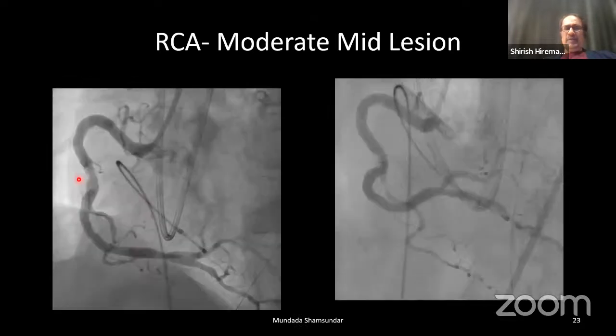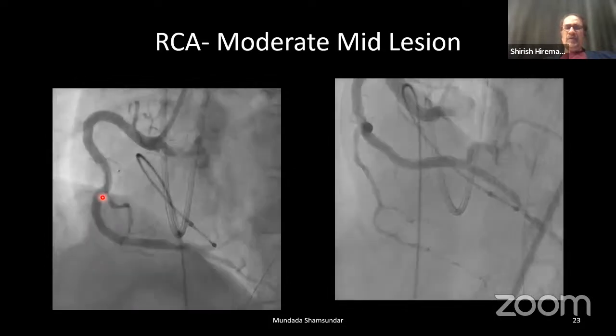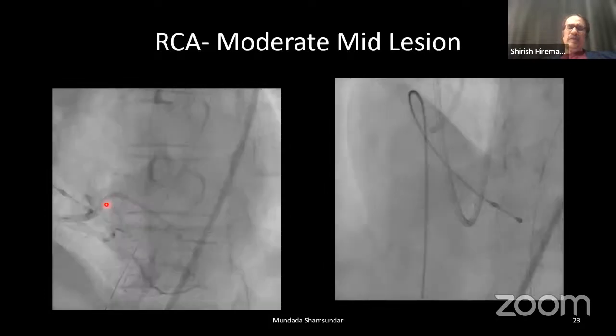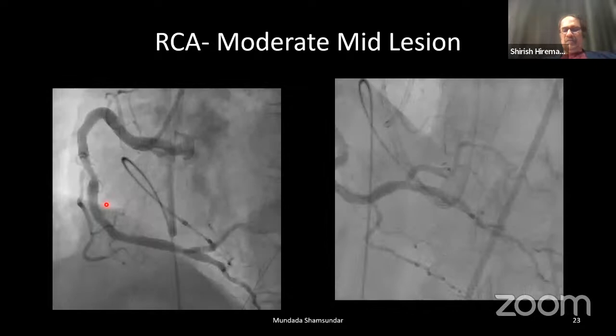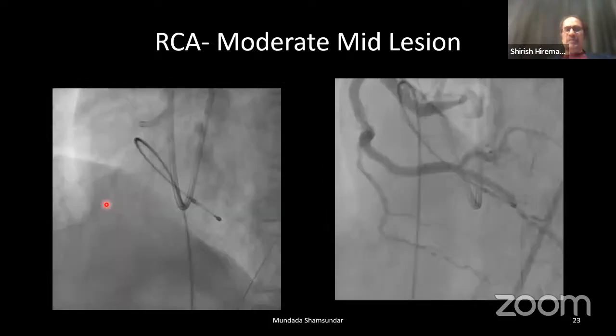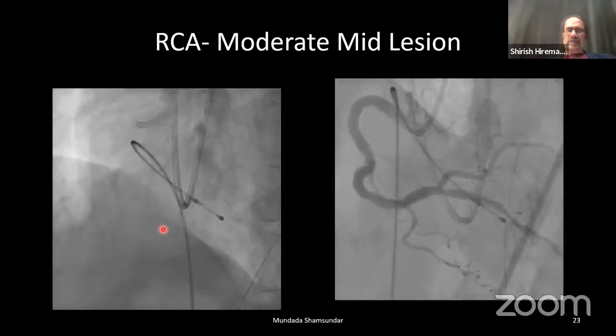It's a simple lesion, but a very dominant vessel, and maybe we could have done an FFR, or now we could do a stress thallium to decide. But it's a type A lesion, and I'm sure there will be no difficulty.